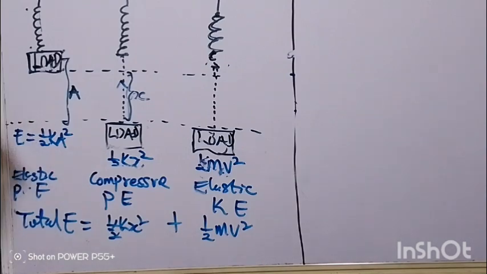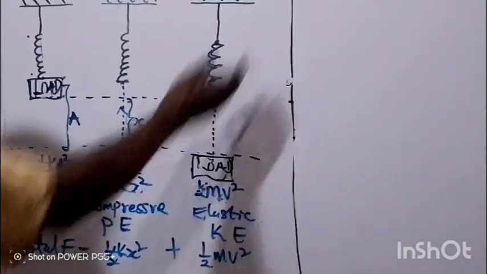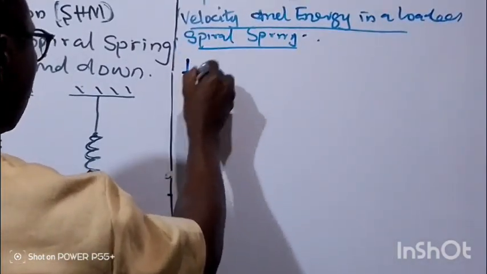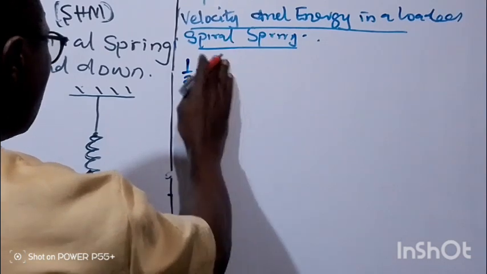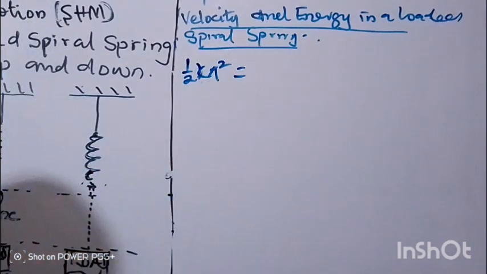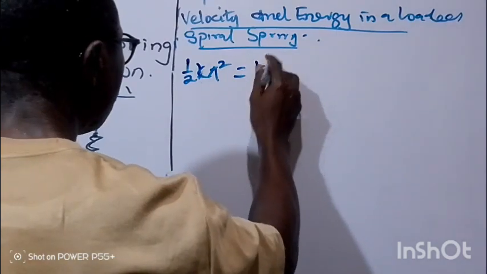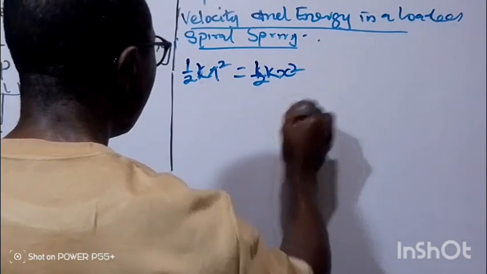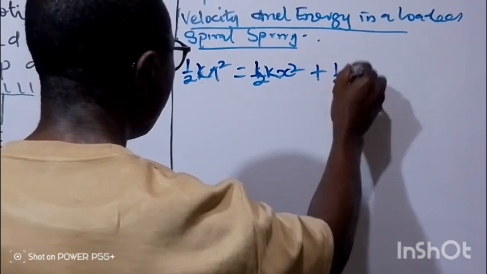So from there, coming to this side, we can now say the total energy E, which is half Ka squared, will be equal to half Ks squared plus half mv squared.